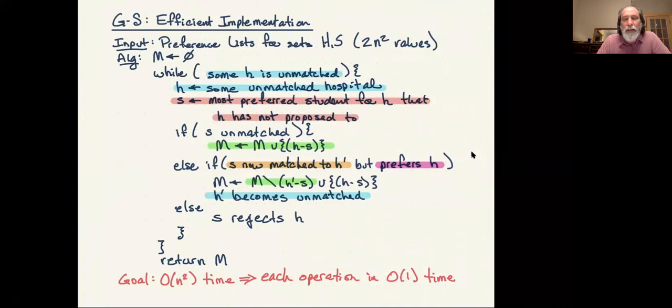But that's an important step in understanding the algorithm and where you might or might not want to use it. Again, the next thing we want to do is consider efficient implementation. We're talking about the algorithm, but we want to know its time complexity.